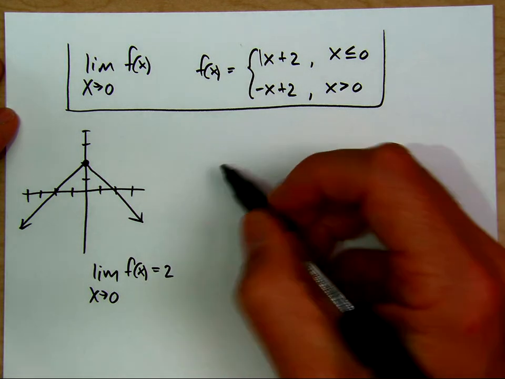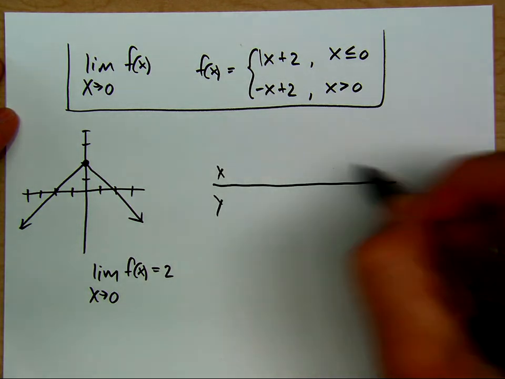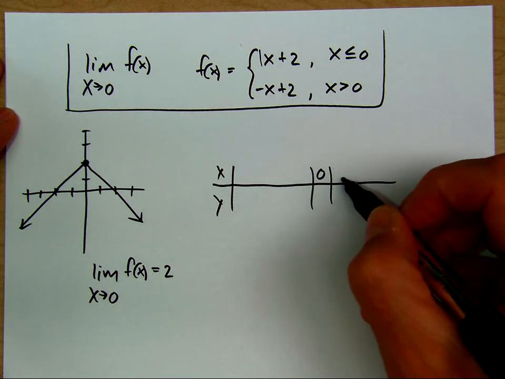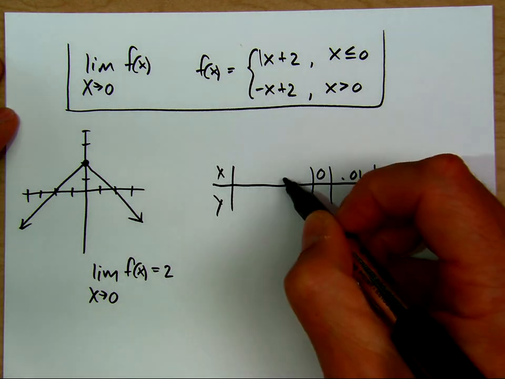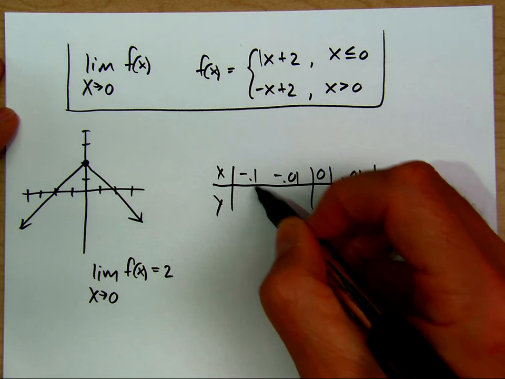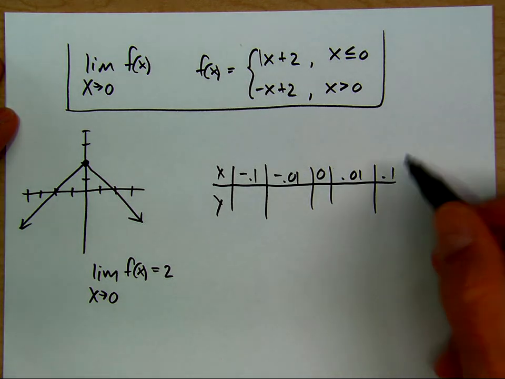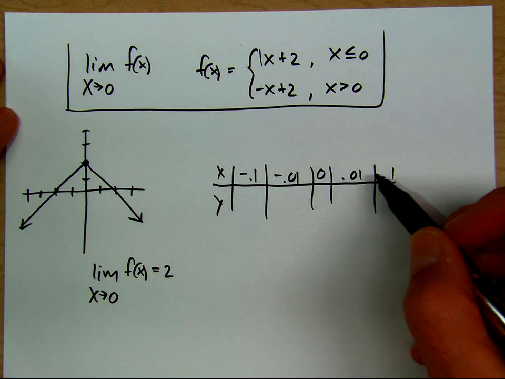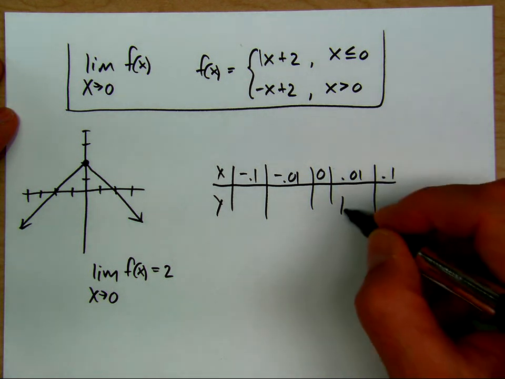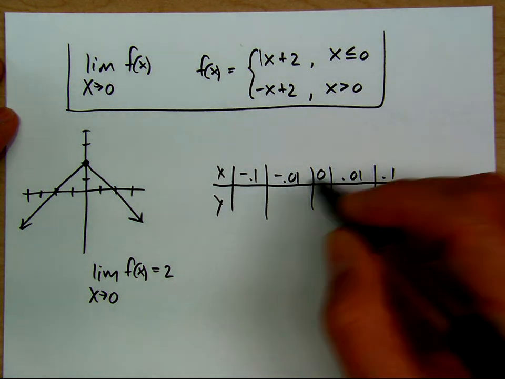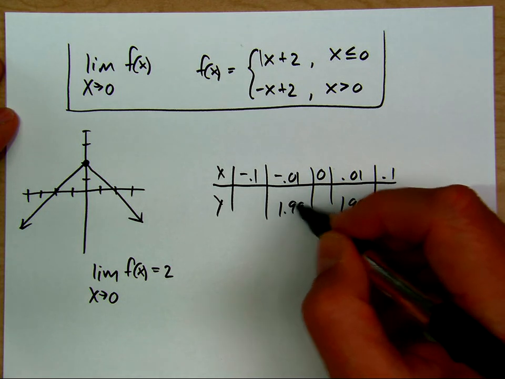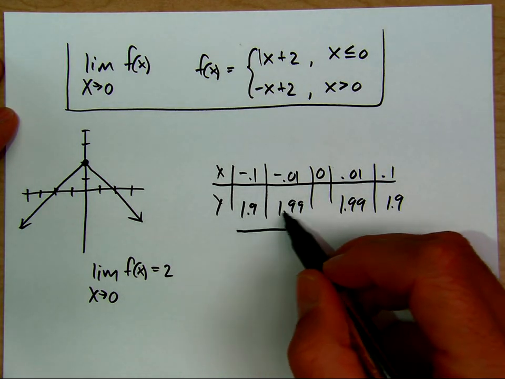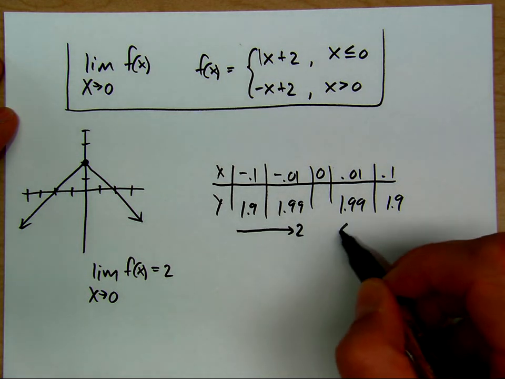And we can also show it numerically. We need to get close to 0. And you can pick any numbers that are getting close to 0. If you wanted to go to 0.001, that's fine. So from the left, these numbers are approaching 2. These numbers are approaching 2.